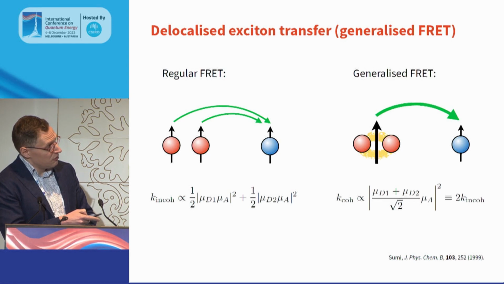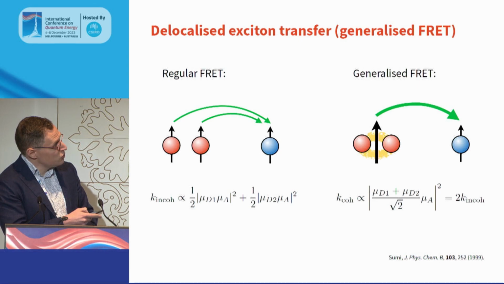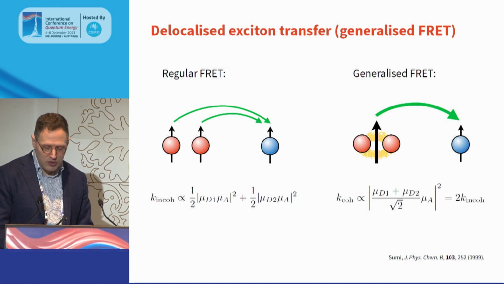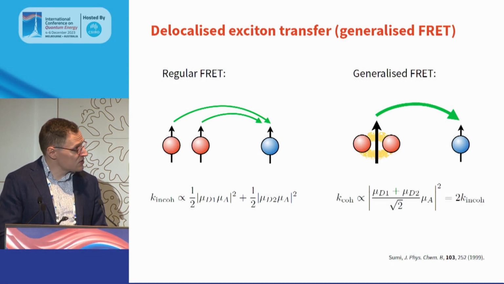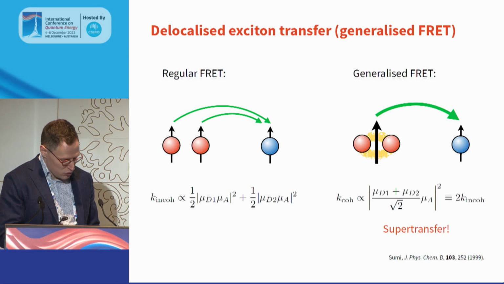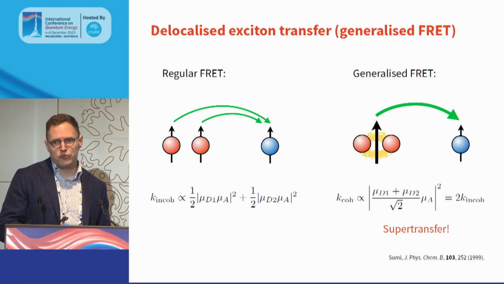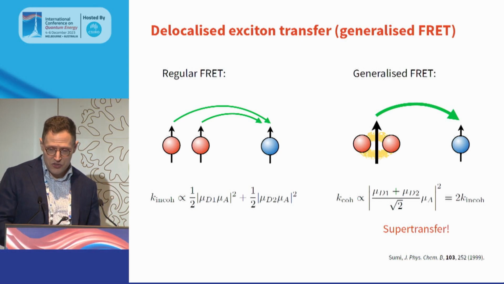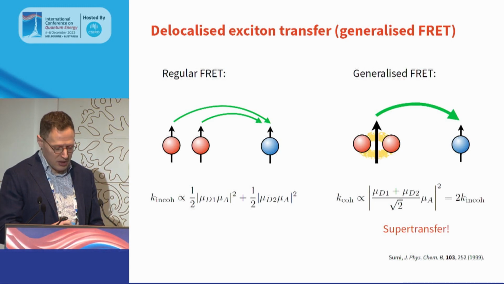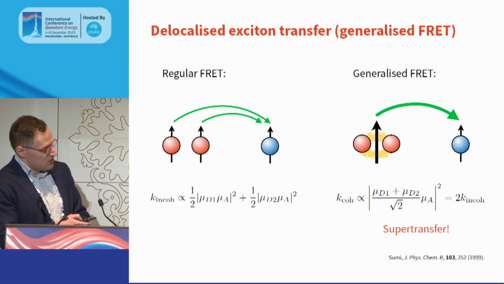This rate, which is still an incoherent rate of transport, is twice as large as what you could have gotten here if you didn't have the superposition. So the fact of delocalization can enhance the transfer efficiency, the transfer rate, and this has been called supertransfer. For those of you from quantum optics, this is exactly analogous to superradiance, except that in superradiance, the emission is into the field, and here the emission is into the acceptor.